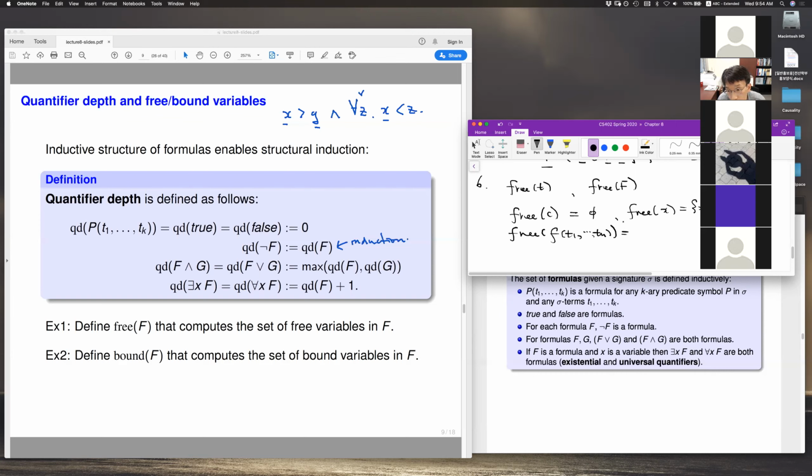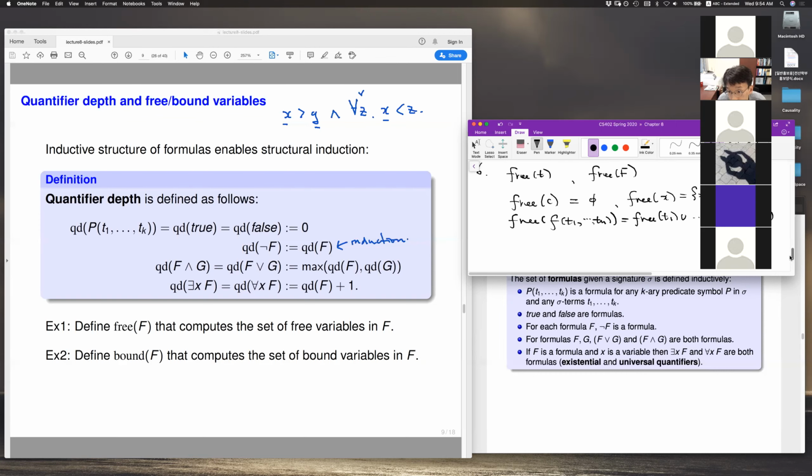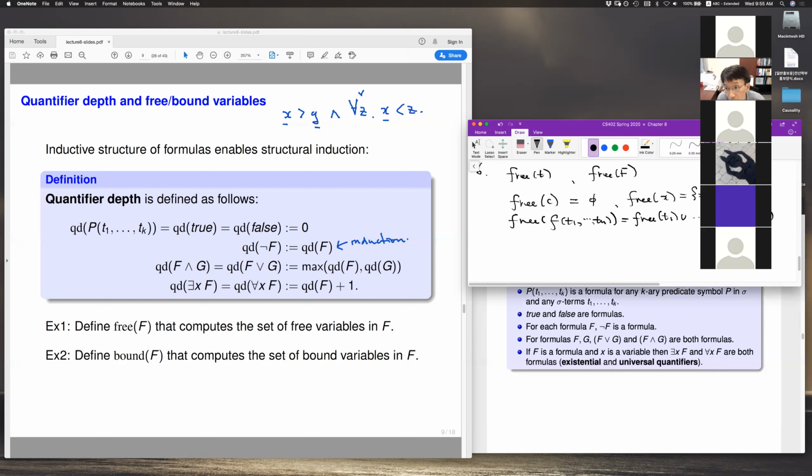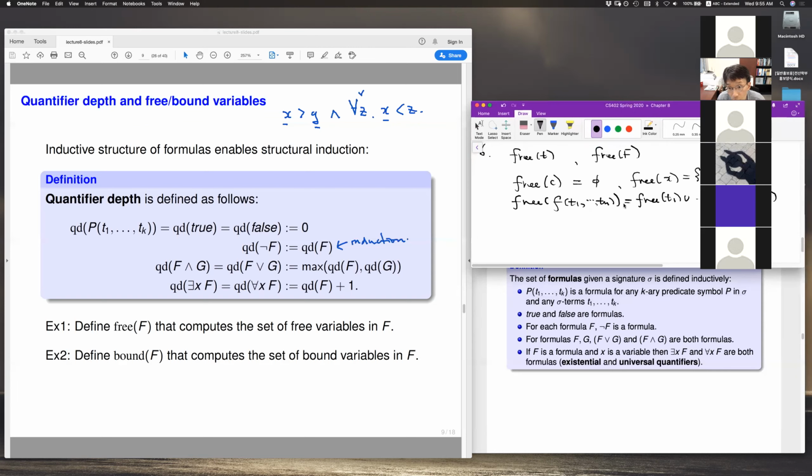In that case, we make a recursive call on each term and combine the results by union. So the definition is not very difficult. It's just something that you expect.